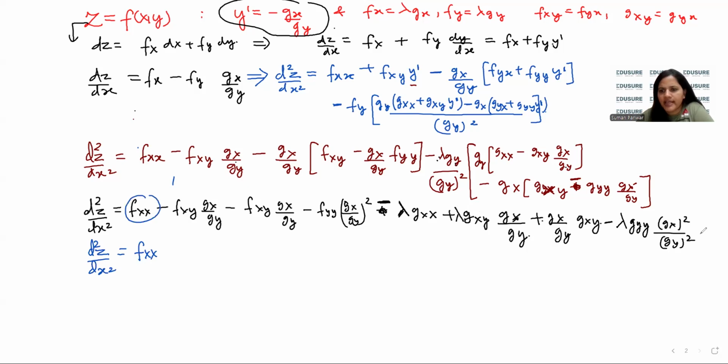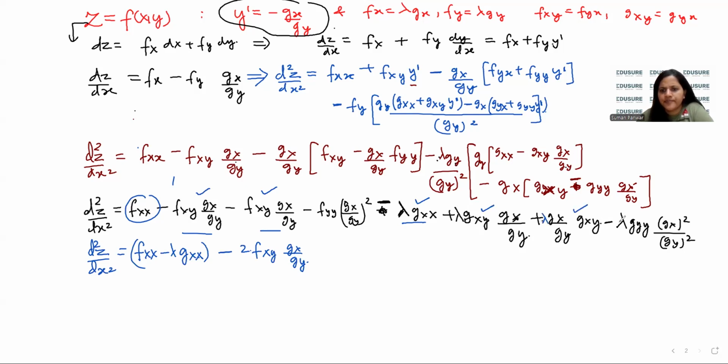f of xx and minus lambda times g of xx. Then we will have minus 2 times f of xy gx by gy. So even this is gone, and then this is going to be minus lambda times gxy and again lambda times gxy.